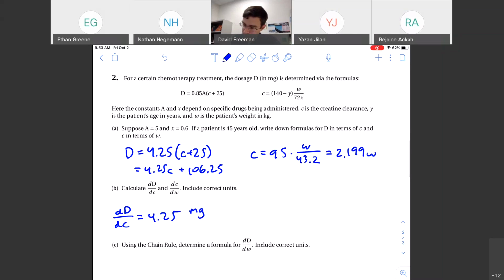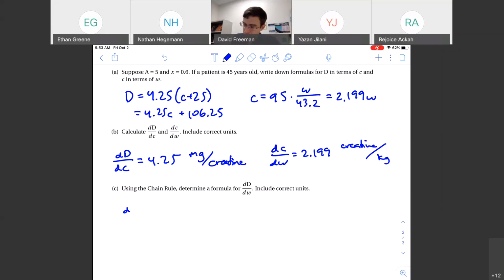So it's milligrams per creatinine clearance unit. Then dC/dW is 2.199. So these are both linear functions. The output is creatinine clearance units, and the input is W, and W is weight, so kilograms.